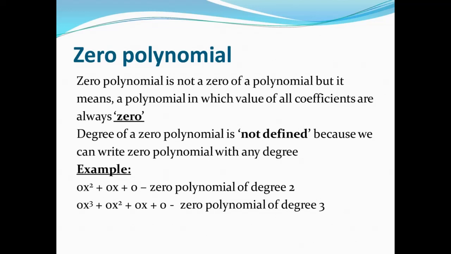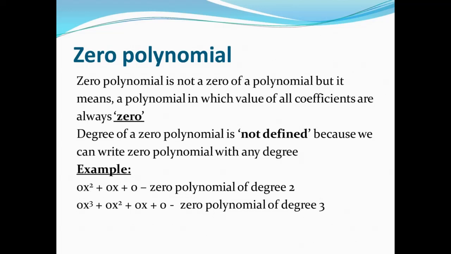Degree of zero polynomial is not defined, because we can write zero polynomial with any degree. Example: first example is of quadratic polynomial, because highest power of variable is 2, but a, b, c all are 0. So this is an example of zero polynomial.